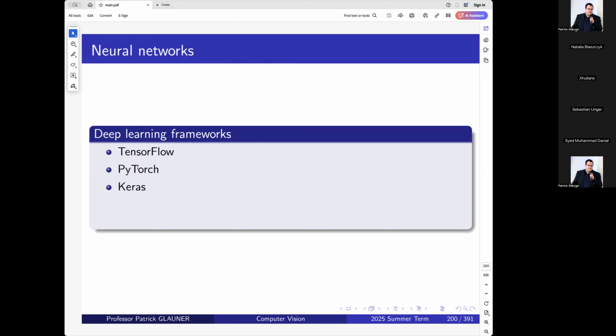There are lots of them available. TensorFlow appeared almost 10 years ago, released by Google. The idea of TensorFlow was that Google had built its own deep learning library, implementing all these algorithms efficiently, as well as automatic differentiation.